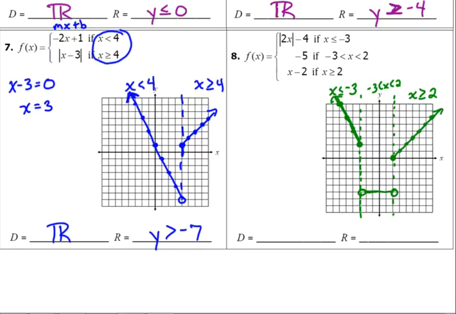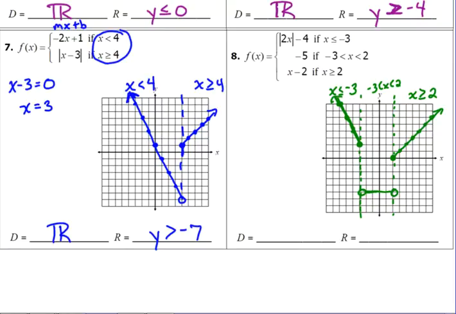Here's the other side of our function. Notice nothing overlaps, nothing crosses. That's it.